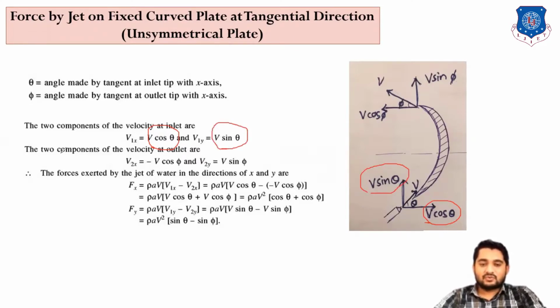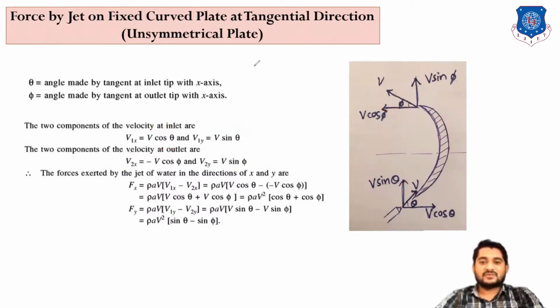Then the two components after striking: v2x, the x direction component after striking, is v cos phi. Remember, here it is unsymmetrical, so the blade angle is phi, so v cos phi, but it is in the left hand side direction, so minus v cos phi. Now v2y, the y direction component after striking the jet, is v sin phi, and it is in an upward direction, so it will be positive, so v sin phi.